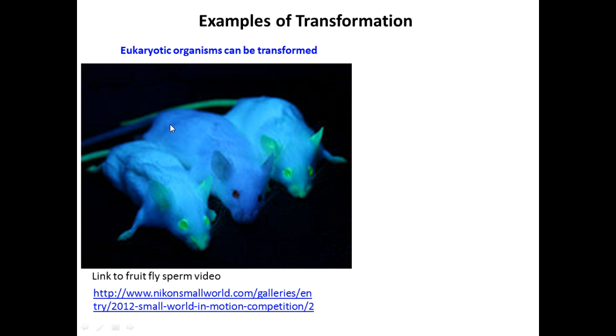So, here are some examples of transformation using the fluorescent proteins that we're going to use today. This is an example with eukaryotes, mice, and they're shining UV light on them, and you can see that two of them have the green glow even to their eyes and skin.